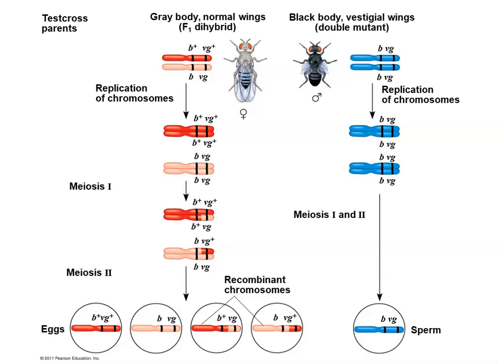Those are the only combination of alleles you can have because you're homozygous recessive. Whereas with the F1 dihybrid, because we have different alleles on both chromosomes and crossing over can take place in prophase I, we can have the parental chromosomes passed on intact, or we can have recombinant chromosomes passed on to future offspring.